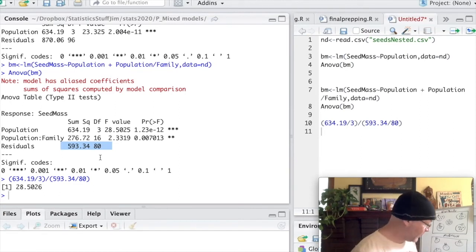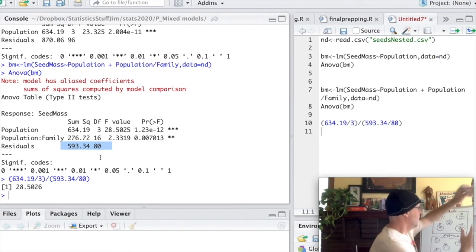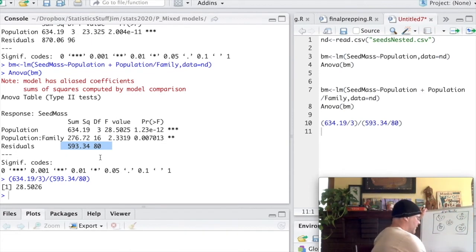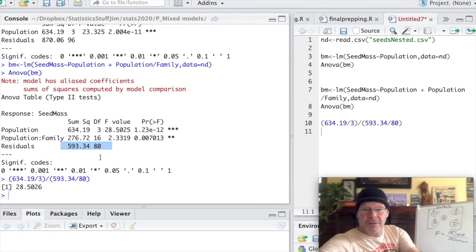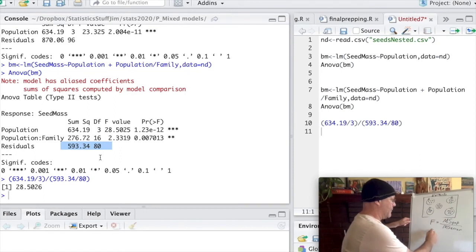And so instead of calculating our F by taking the mean squared, in this case population, divided by the mean squared error, what we're going to want to do instead is to calculate that by saying the F is going to be the mean squared of the population divided by the mean squared of family nested within population.